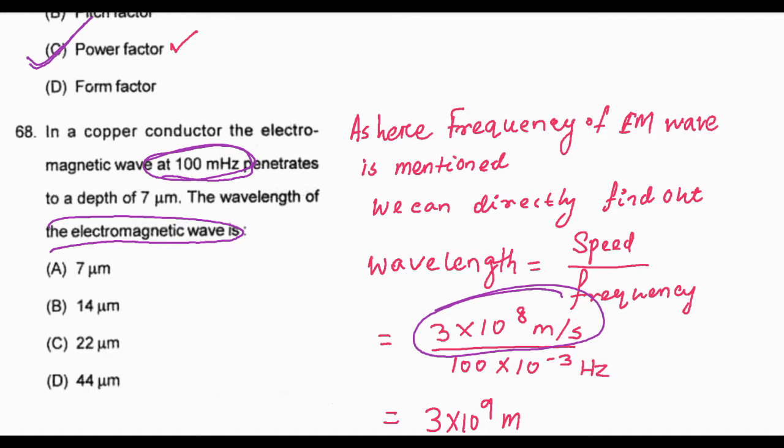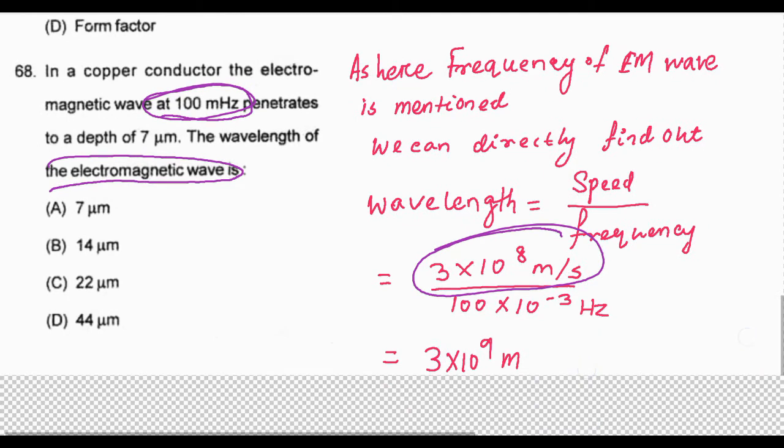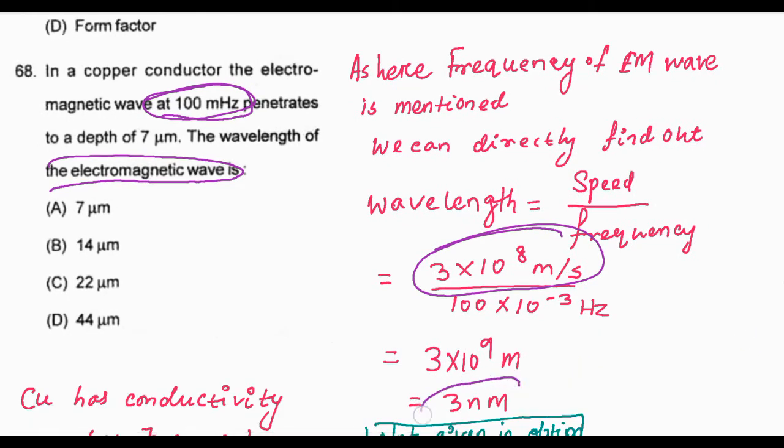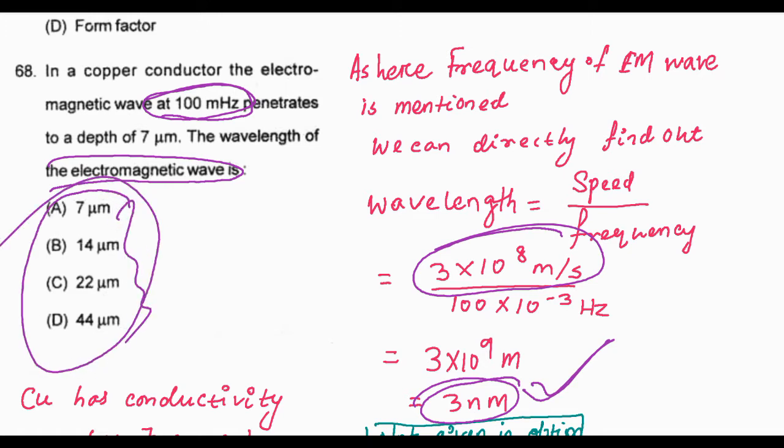So this will be 3 into 10 to the power 9, that is 3 nanometer. This is the correct answer, but there is no 3 nanometer option, all the options are given in micrometer. So I think this question is wrong or framed in a wrong manner. Please comment in the comment section what your thoughts are on this question.